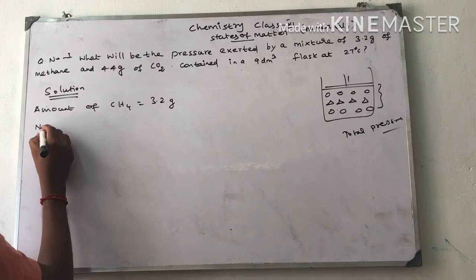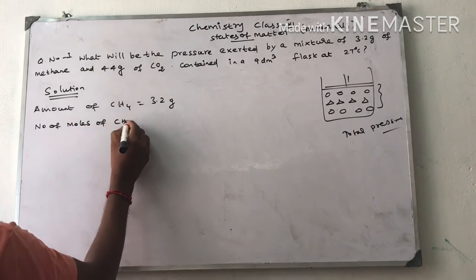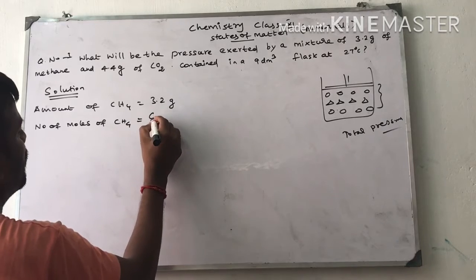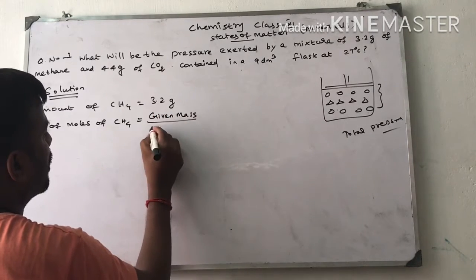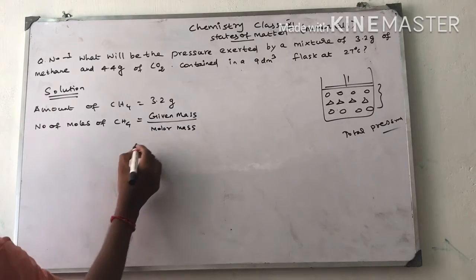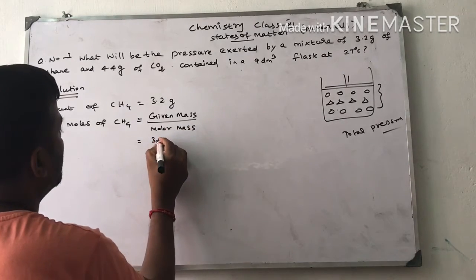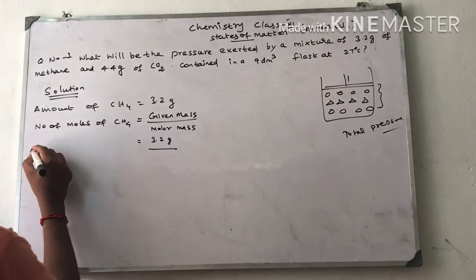Next, number of moles of methane equals given mass divided by molar mass. This is the formula we learned in the first chapter. That is equal to 3.2 gram divided by the molar mass.